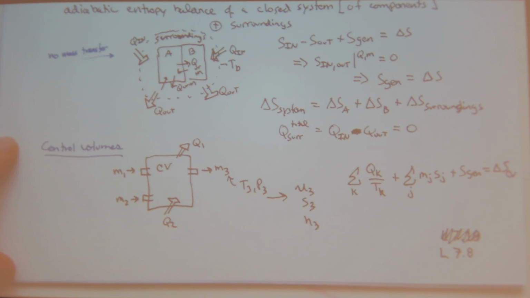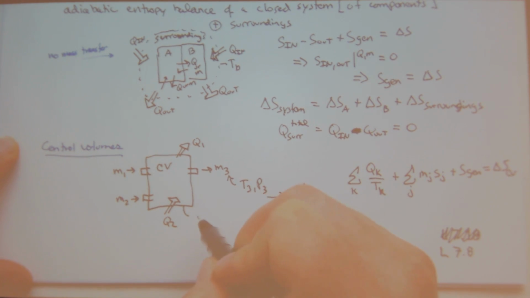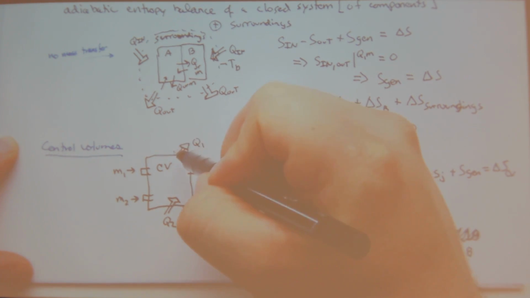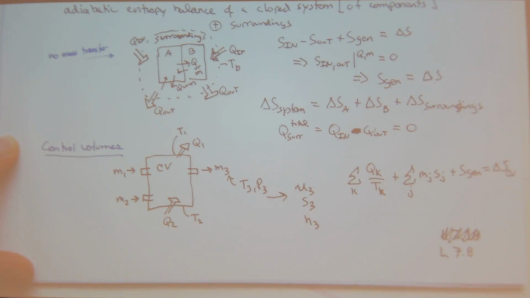So when I do all this, I have to define a boundary temperature. Say this is my boundary temperature there, and that is my boundary temperature here.